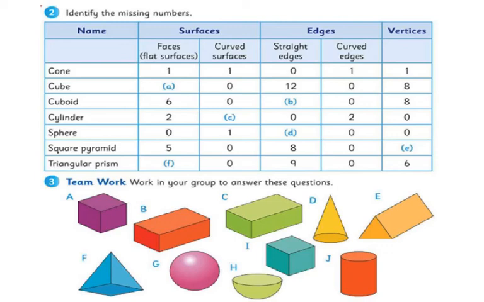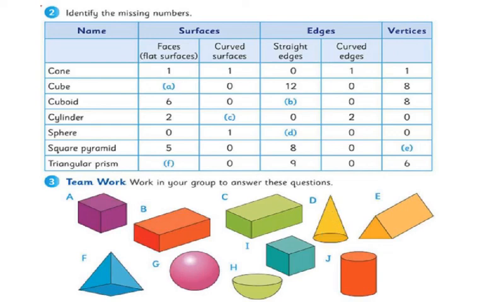Okay, so this is a table that is very helpful, and we are going to see if we can fill in the missing numbers. You'll see the cone is already filled in for us. So a cone has 1 flat surface, 1 curved surface, 0 straight edges, 1 curved edge, and 1 vertex.